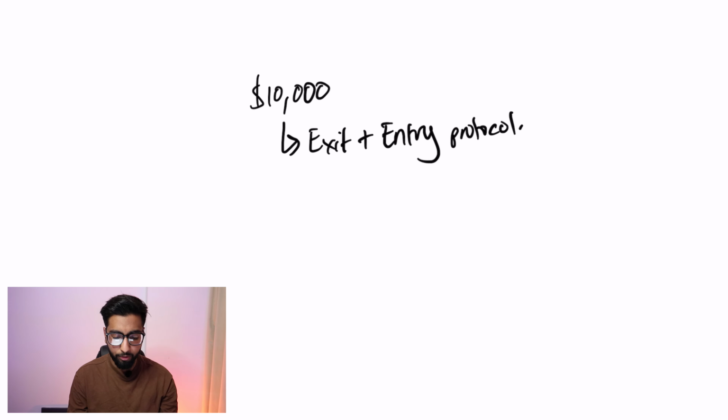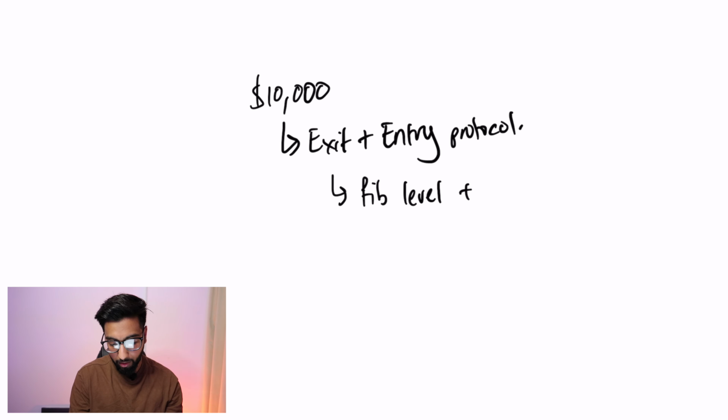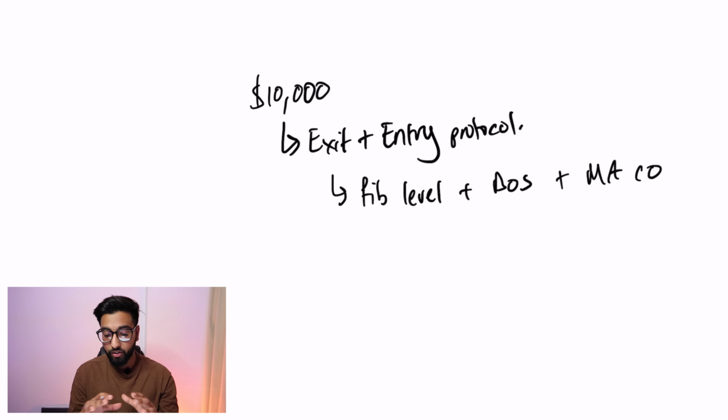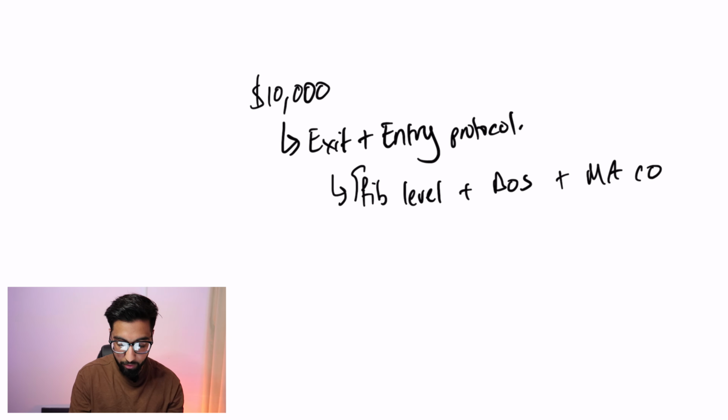So for example, for me, my entry protocol, let's just say, will be fib level plus break of structure plus MA crossover. Okay, now this is just an example, and what I'm going to do is I'm just going to put this in brackets, and what I'm going to say to myself is this is what is going to happen for my entry.